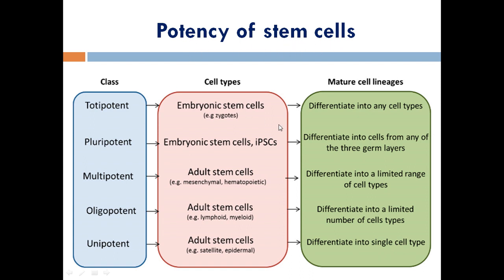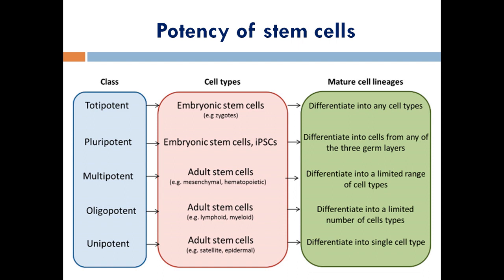In the previous slide I mentioned only two things, multipotent and pluripotent. Here we have additionally totipotent, oligopotent as well as unipotent. The first two come under the category of embryonic stem cells and the remaining three come under the category of multipotent.